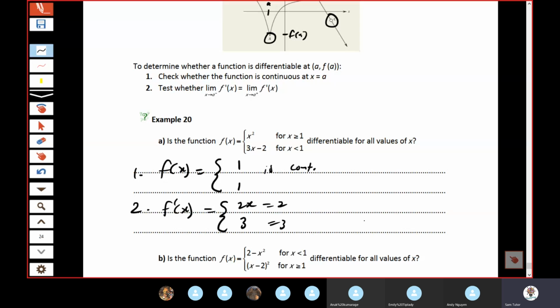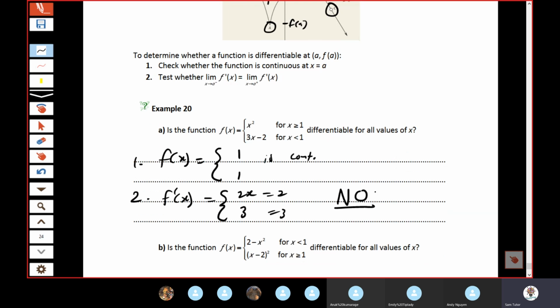This is still 3. You can tell that the gradients are not the same. So, is this differentiable for all values of x? No. It is not differentiable for all values of x. Does that make sense to you guys?